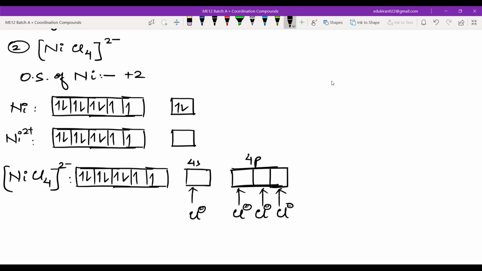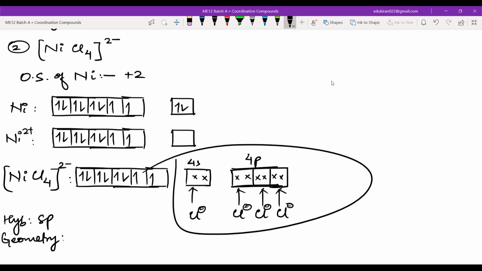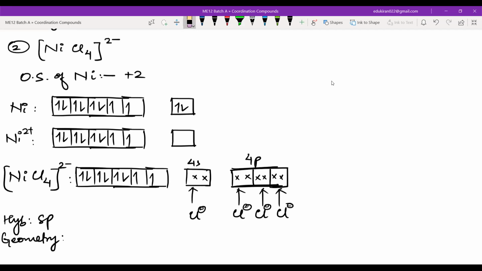Now you will tell me what will be the hybridization, and the geometry? sp3. Where is d2? Where from d2? Abir, look, where are the ligands coordinating?